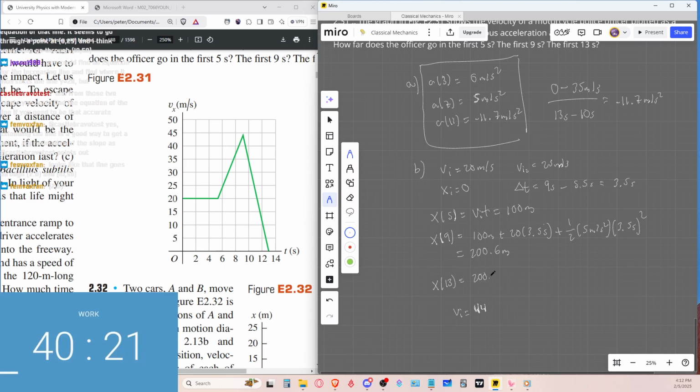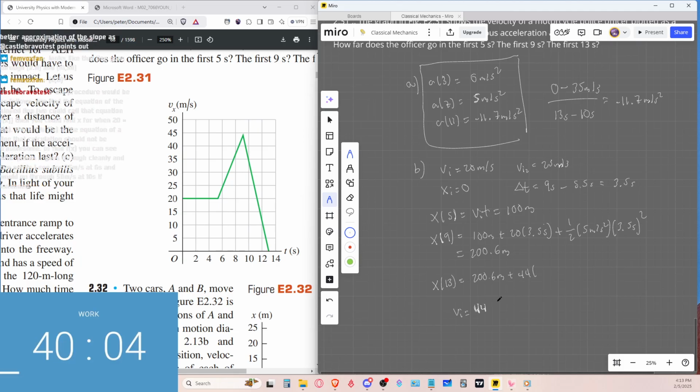So 2 meters plus 44. And then now we have to calculate. So from 9, we're gonna have to minus that, 9 minus the, that's 4 seconds.